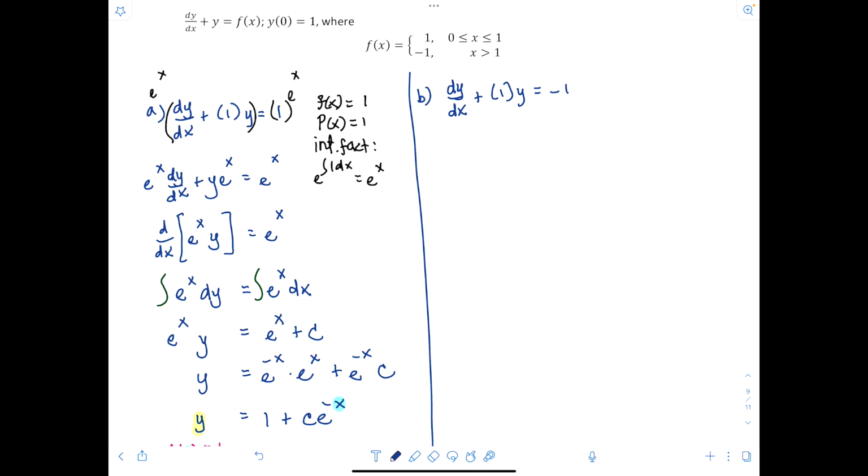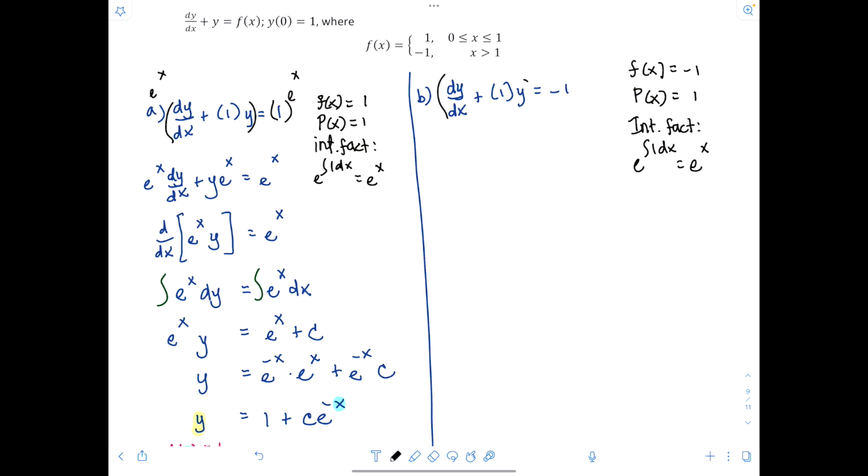So our f of x is negative 1, p of x is 1. Our integrating factor will be the same as last time. e to the integral 1 dx equals e to the x.